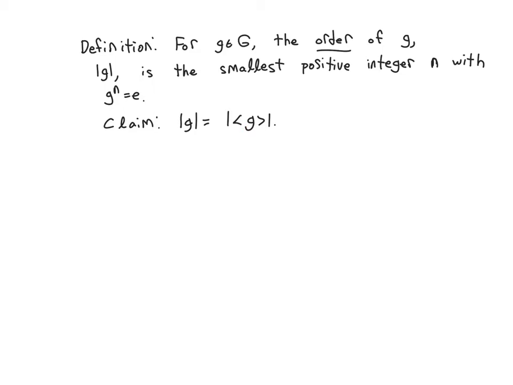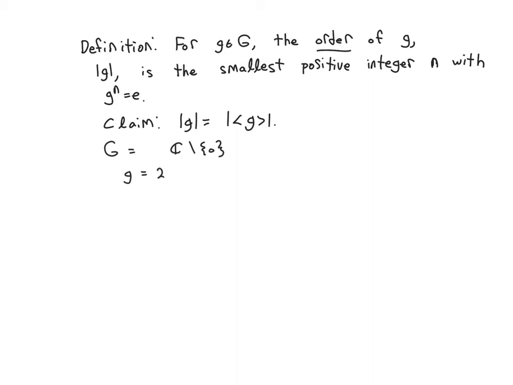And so, of course, it's possible for the order of an element to be infinite or finite. Let's fix the example of the non-zero complex numbers under multiplication, and let g be equal to 2.